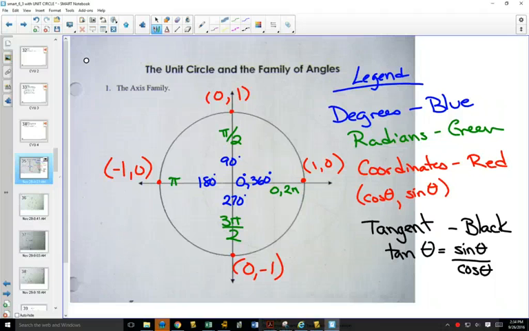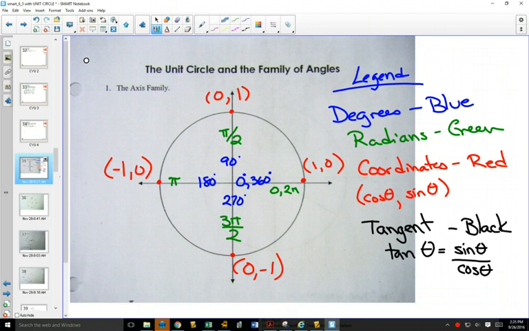Well, it's one of our big ideas. One of our big ideas says any coordinate on the unit circle is always cos comma sine. So if I go to 90 degrees and I go to this coordinate 0 comma 1, whatever the x coordinate is going to be cos of 90 degrees. Sine of 90 degrees is going to be the y coordinate. So sine of 90 degrees is going to equal 1.